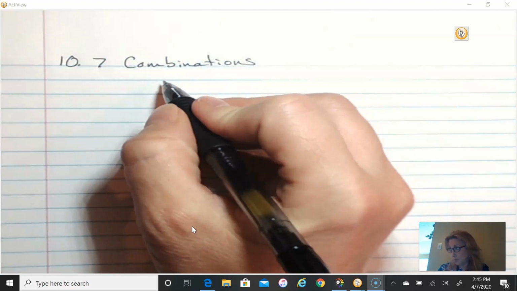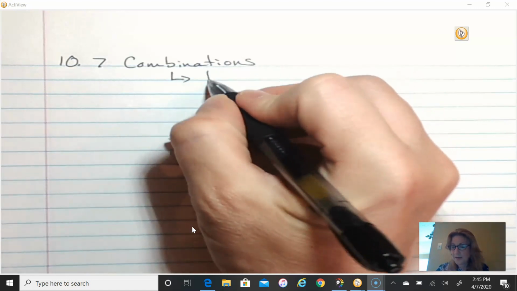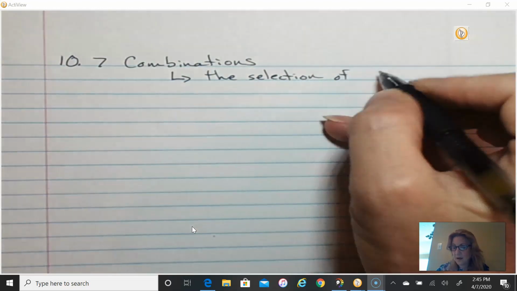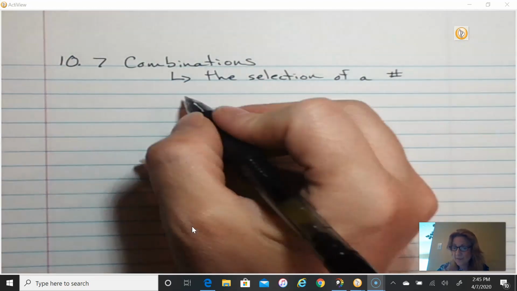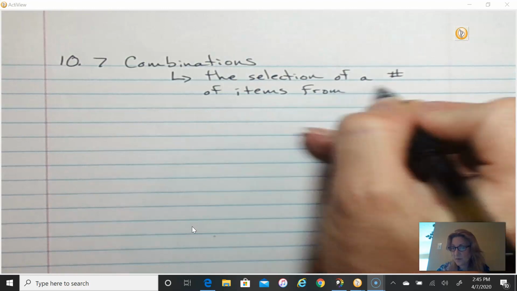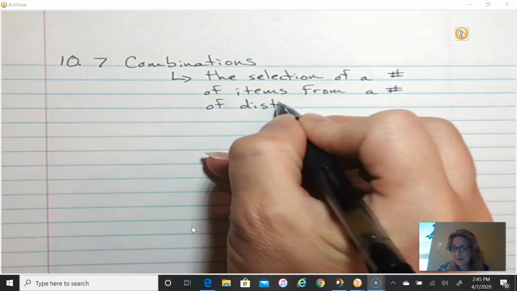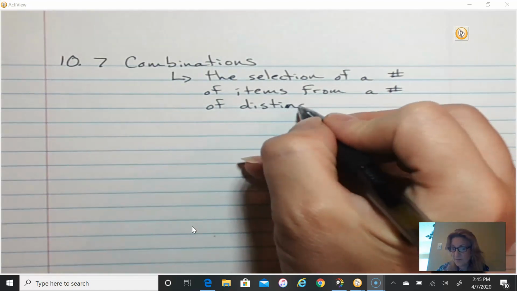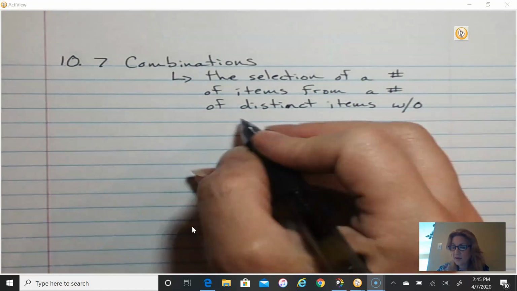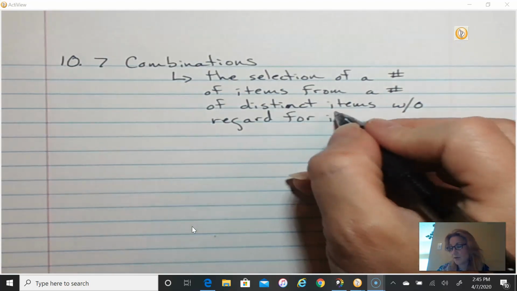Combinations, where it's different than permutations, it's the selection of a number of items from a number of distinct items without regard for its order.